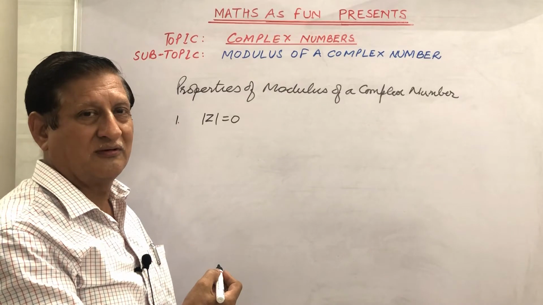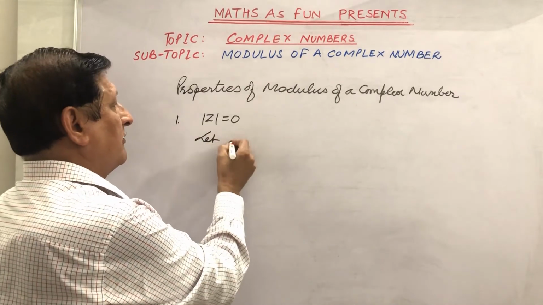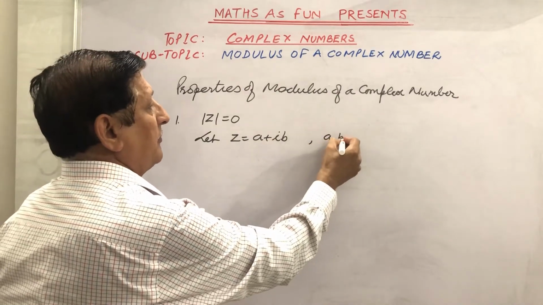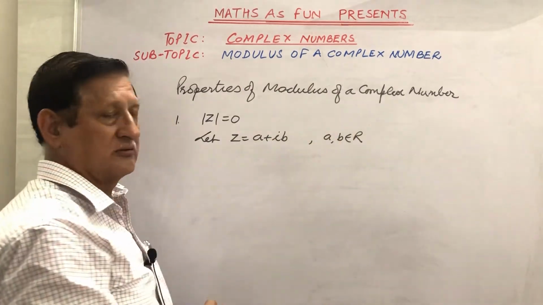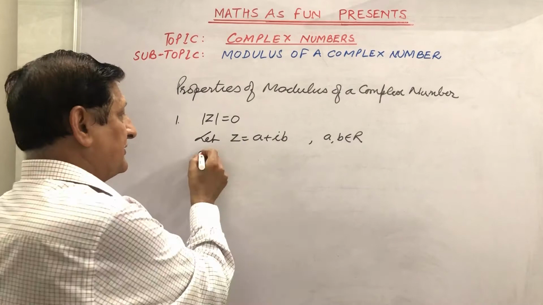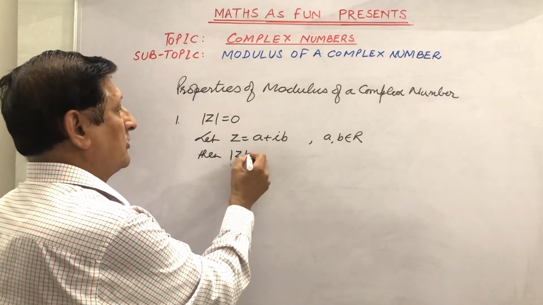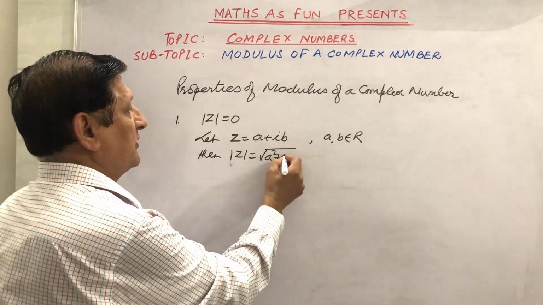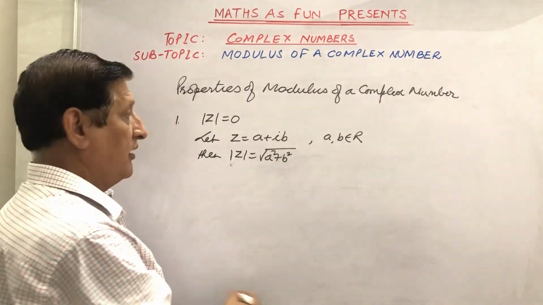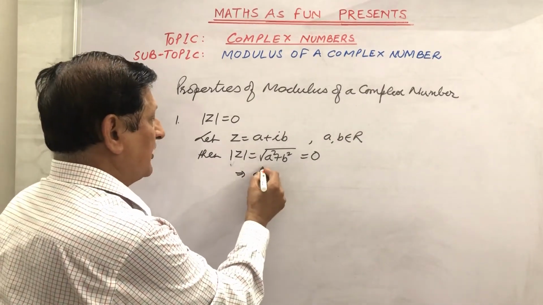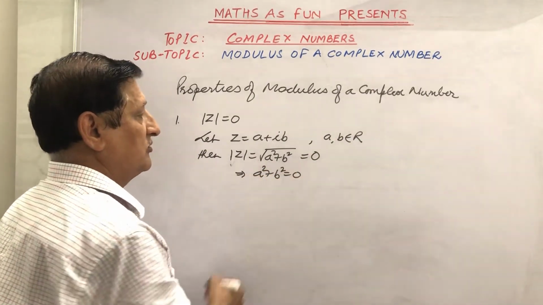Means what? Suppose we take z as a plus iota b, where a and b are any two real numbers, then we know modulus z is equal to root of a square plus b square. If it is 0, it means a square plus b square is equal to 0.